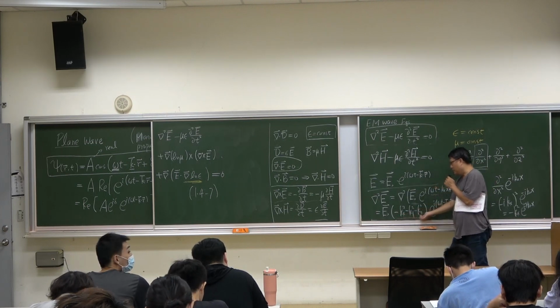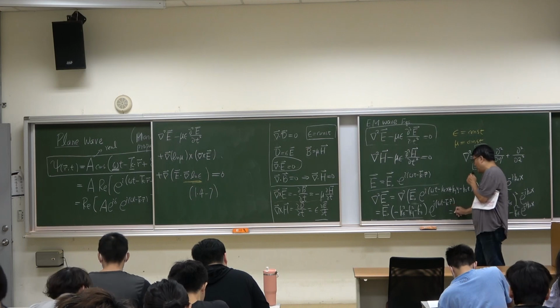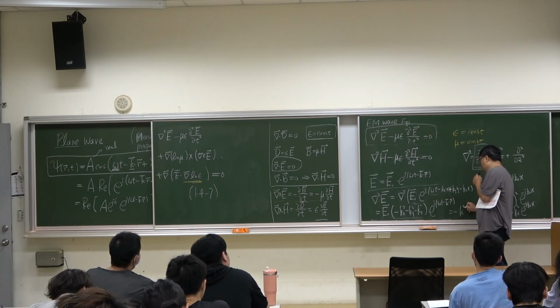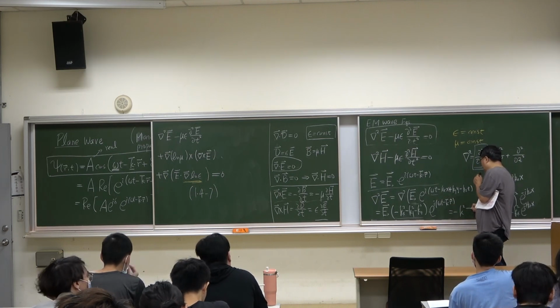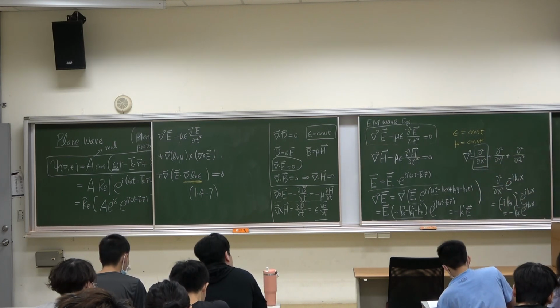The summation of these three squares is just the square of k. So we get minus k squared times the E field.